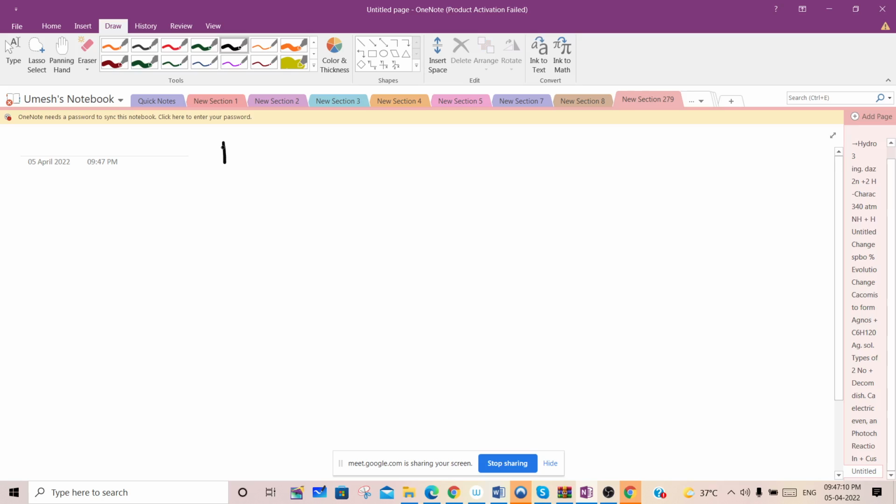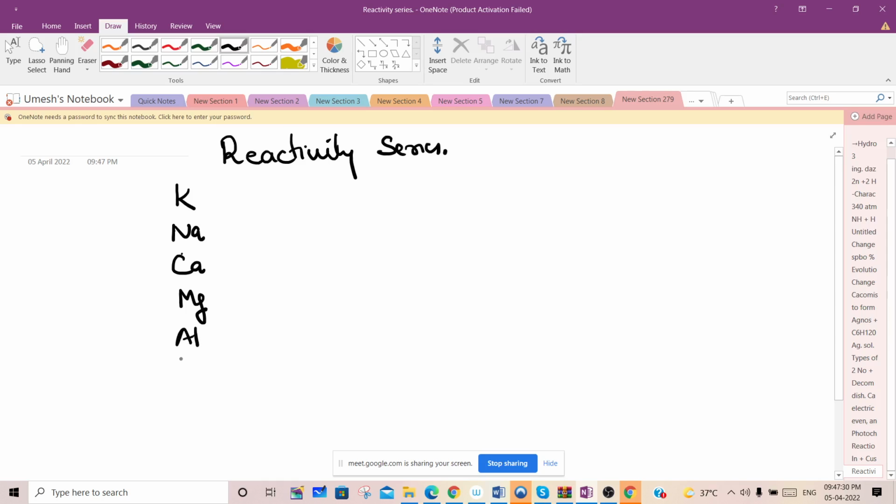So for that we have to understand the reactivity series. Write down reactivity series. Potassium, sodium, calcium, magnesium, aluminum, zinc, iron, lead, hydrogen, copper.